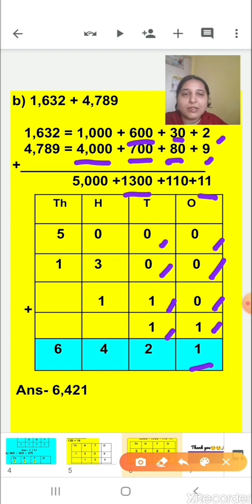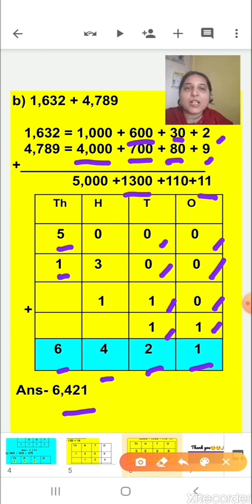So what we'll get? 2. Then 0 plus 3 plus 1, we'll get 4 here. And this 5 plus 1 will be 6. So the sum obtained will be 6421. So this was your addition using expanded form.